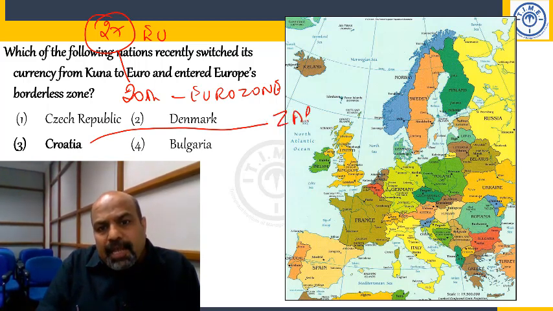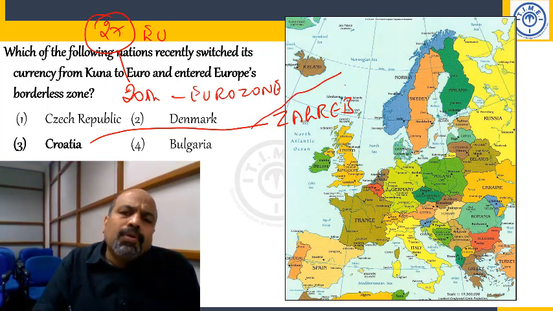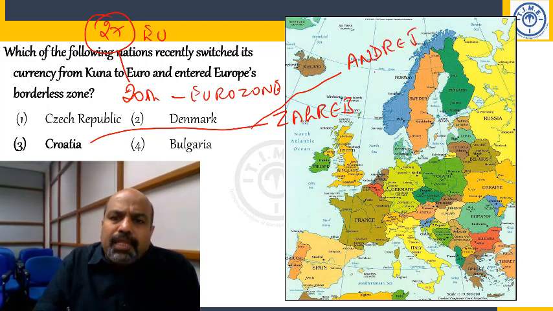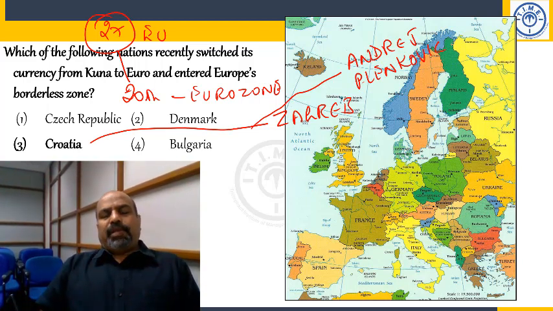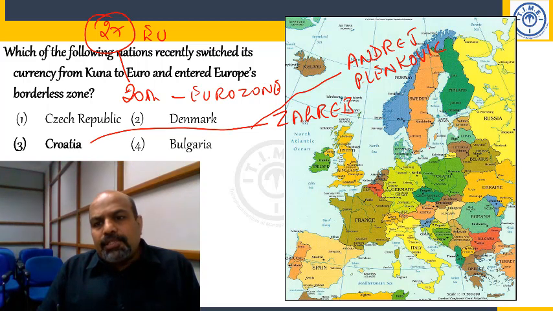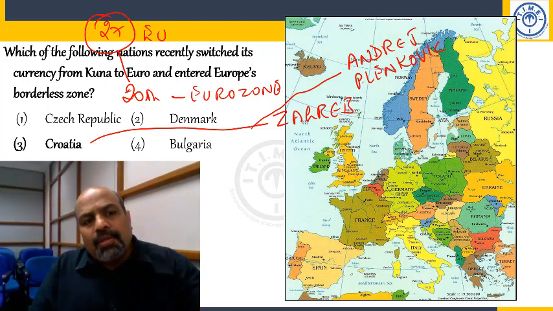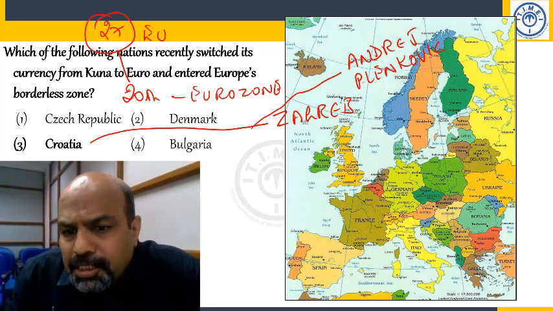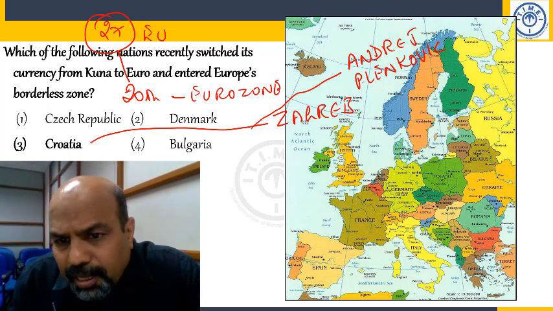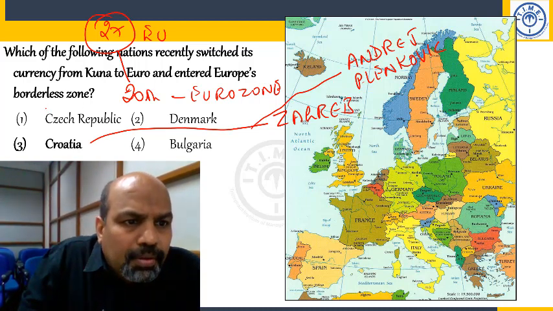Croatia, the capital is Zagreb, and the prime minister is Andrej Plenković. Let's look at the capitals of these places. Czech Republic, in green, the capital is Prague.